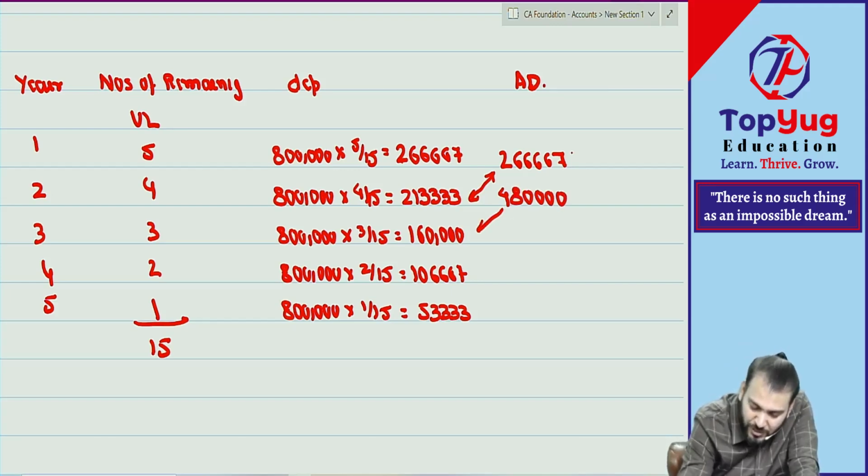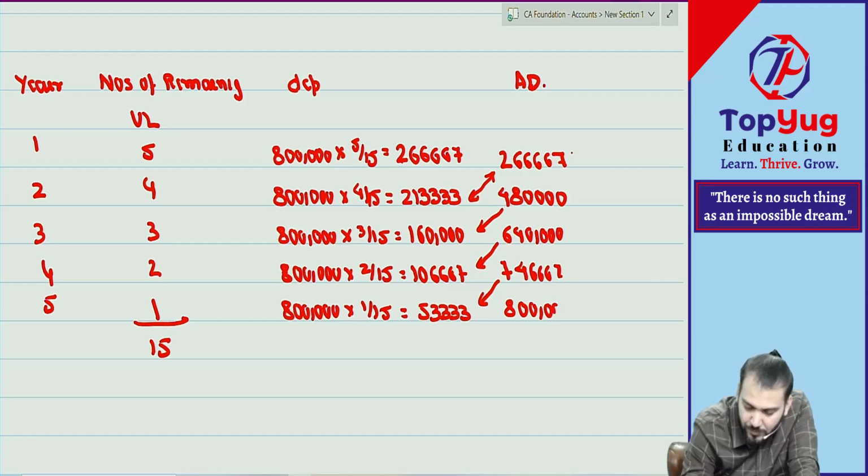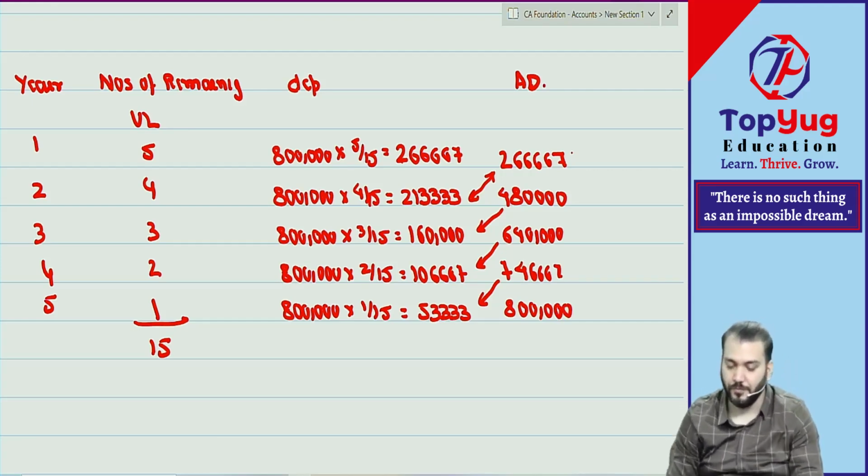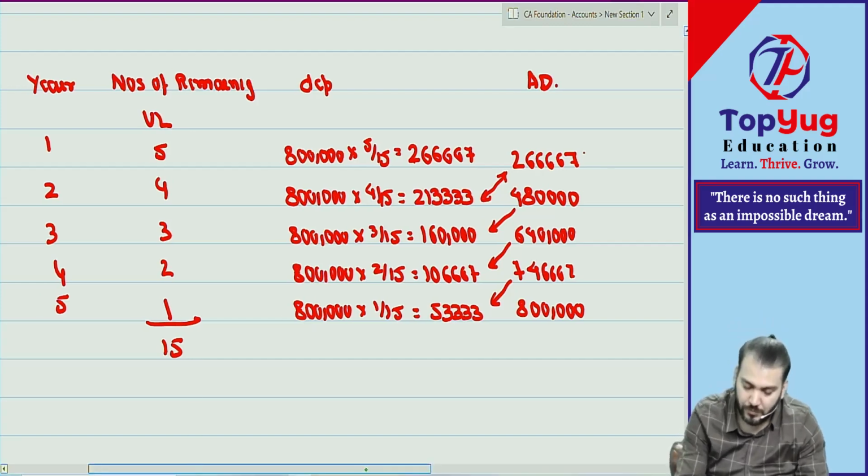Then this plus this, 6,40,000. Then this plus this, 7 lakh. Then this plus this, it will be equal to 8 lakh. Have you understood? Any doubt?